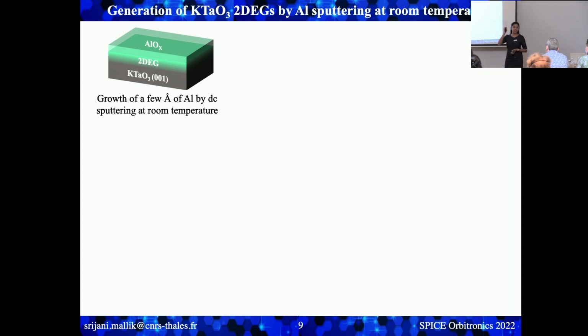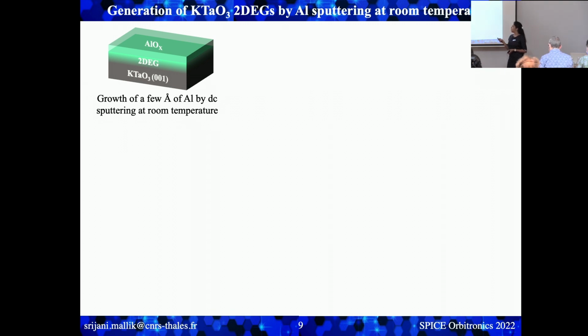It's just by depositing metal on top of STO or KTO. When you deposit metal, the metal becomes oxidized by taking oxygen from the substrate, and thus you have oxygen vacancies at the interface between this metal oxide and the substrate. In our case, it's KTO. And due to these oxygen vacancies at the interface, you end up having the 2D electron gas.